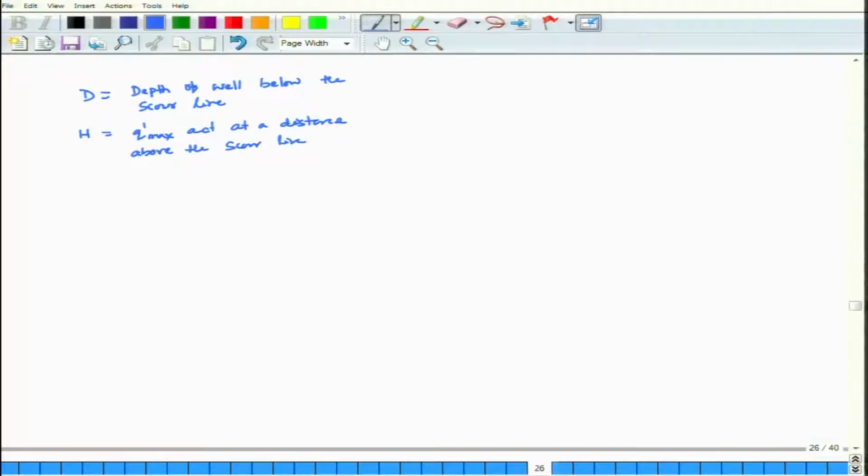D1 is the height of point F above the bottom.